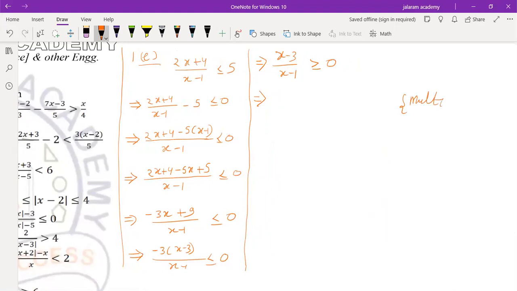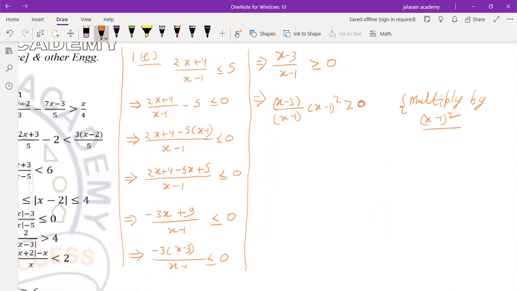The next step is to multiply by x minus 1 whole square. That's why your answer is wrong, as you have multiplied with only x minus 1. We cannot multiply by x minus 1 as we do not know whether x minus 1 is positive or negative.